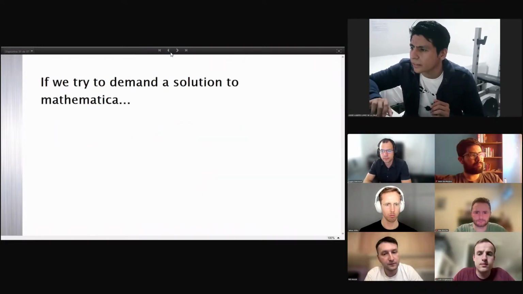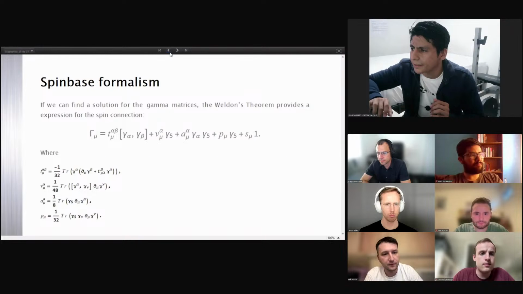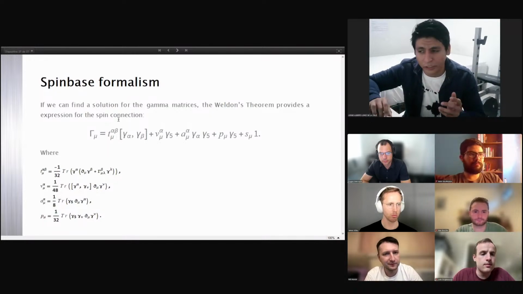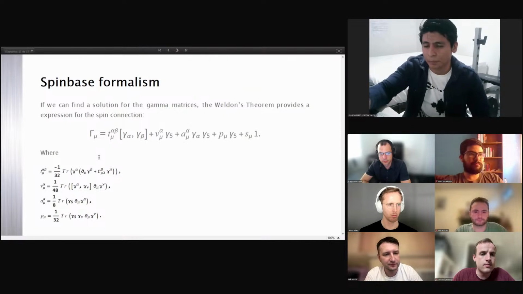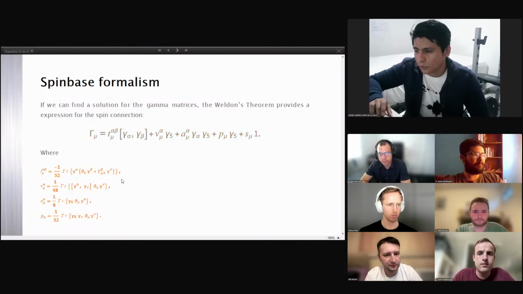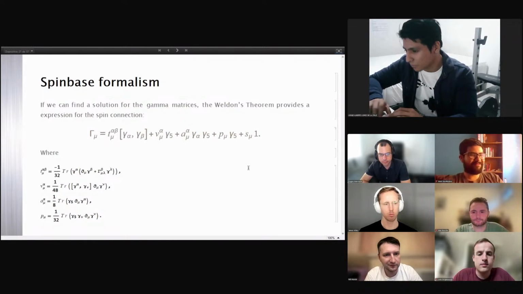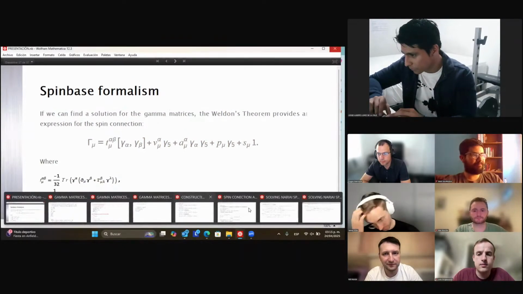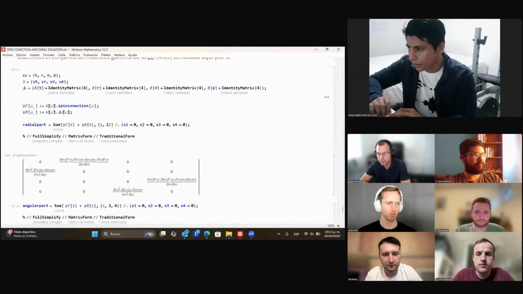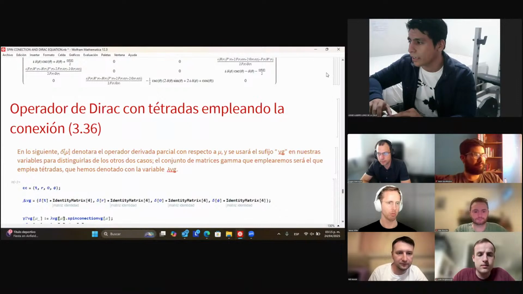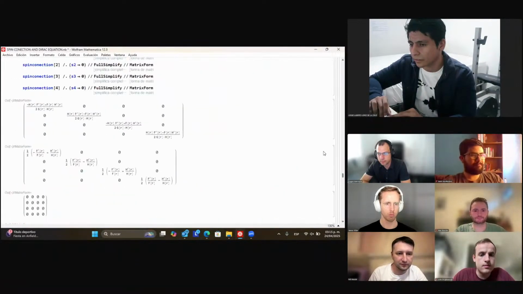And I also want to say that this formalism is very strange. Nobody uses it because it's hard to compute. Just the spin connection here, for example. Let me show you my code. All this code here is just to calculate the spin connection.